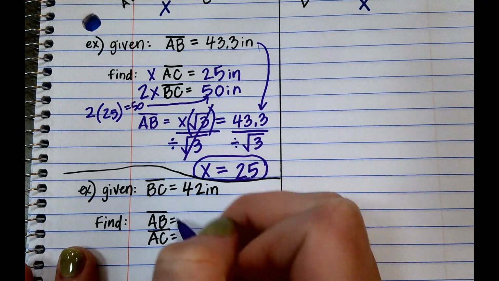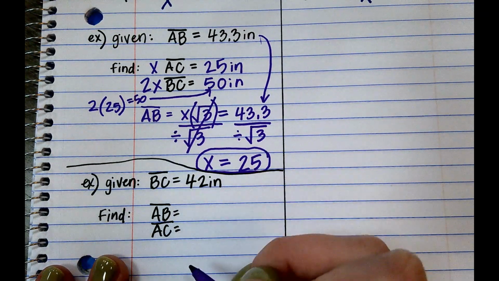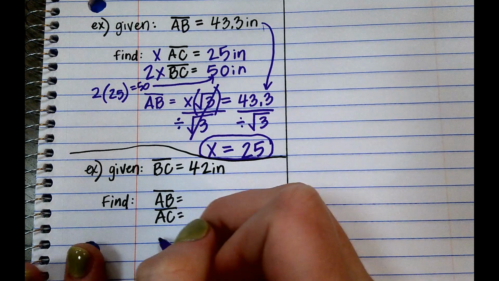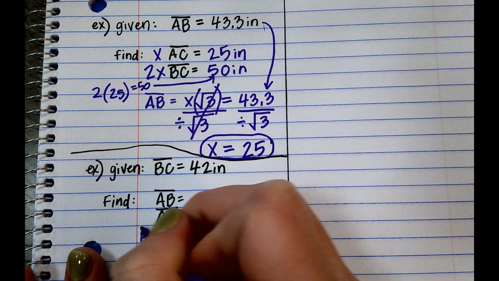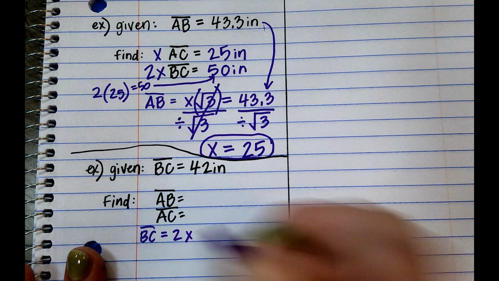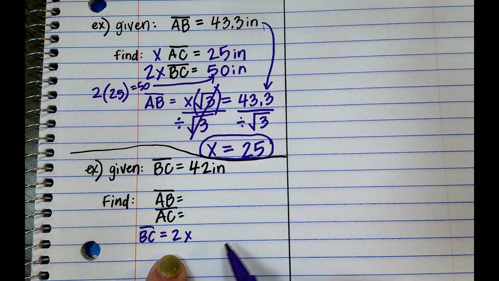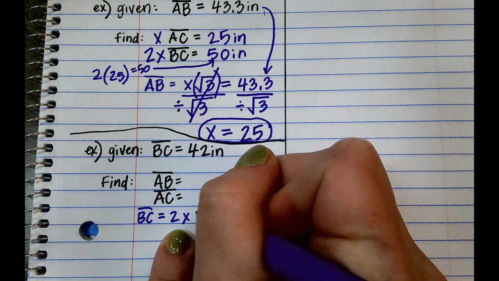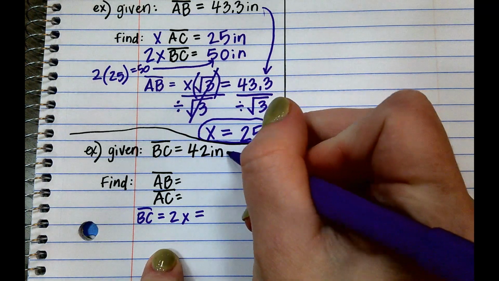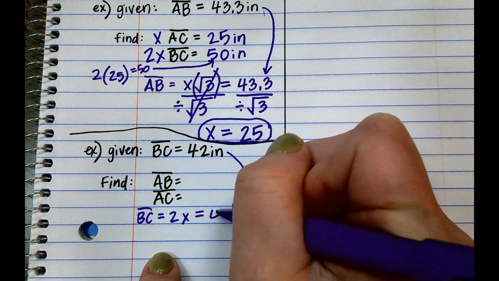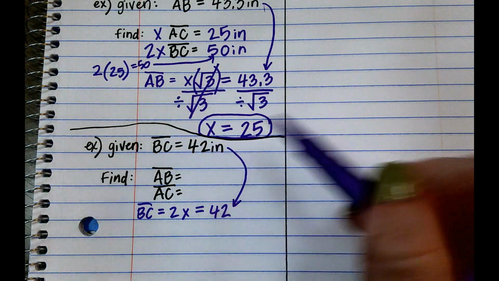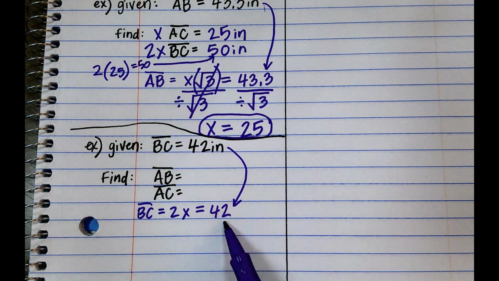So if BC is 2x and BC is also 42, I can write this here: BC is 2x, it's also 42. So we can write 2x equals 42. Does that make sense how we got this?